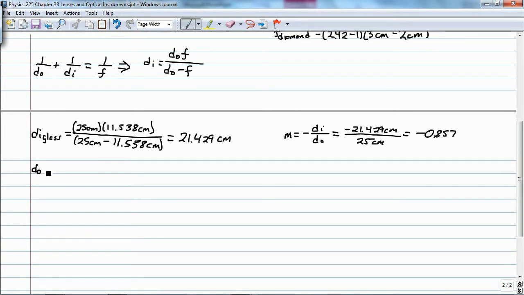So my object distance for quartz is equal to my distance between the lenses, ds1, that's 24 centimeters, minus the image distance of the glass, so that's 24 centimeters minus 21.429 centimeters, and that gives me 2.571 centimeters.